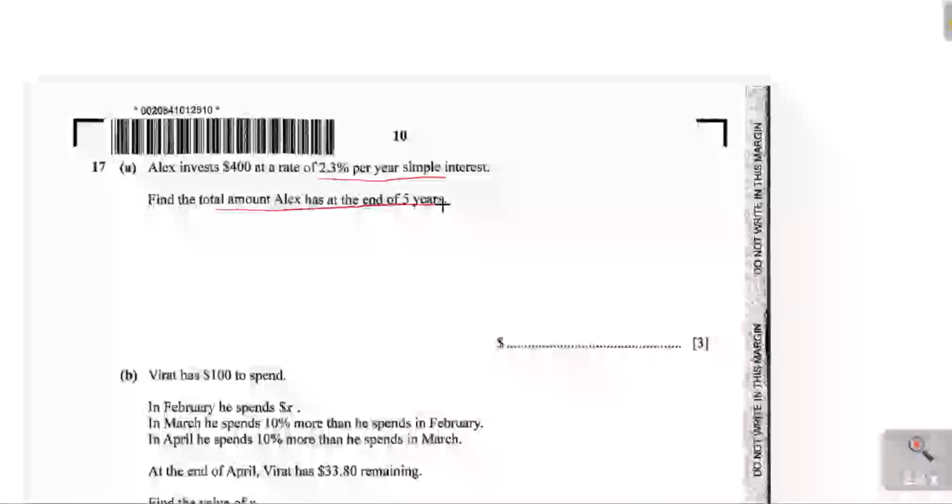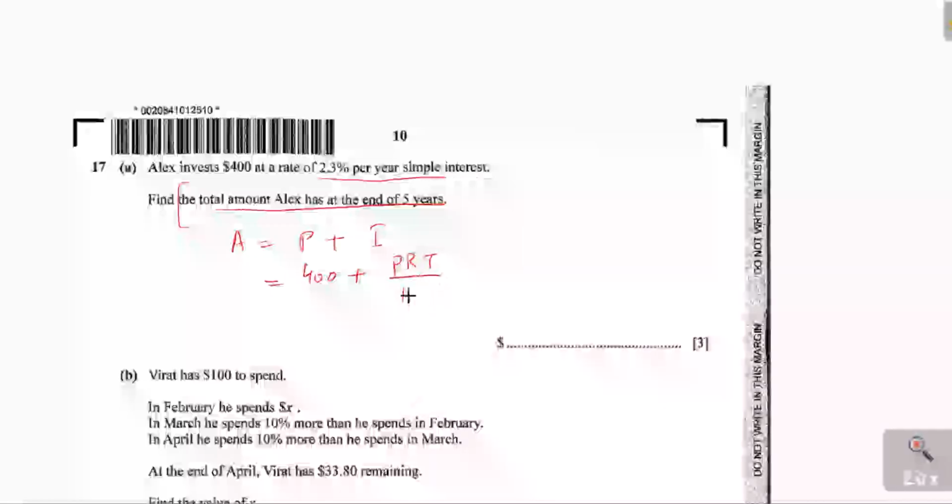Question 17 part A. Alex invests $400 at a rate of 2.3% per year simple interest. Find the total amount Alex has at the end of 5 years. The total amount at the end of 5 years will be equal to the principal amount plus the interest amount. The principal amount here is 400. The interest amount is equal to PRT over 100.